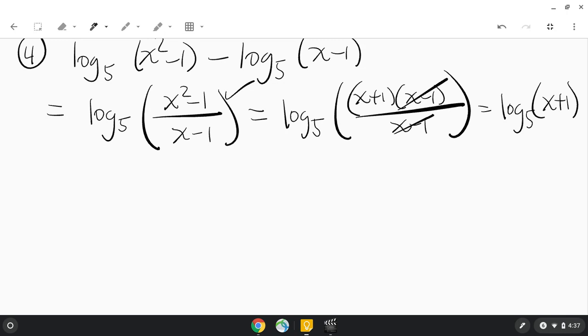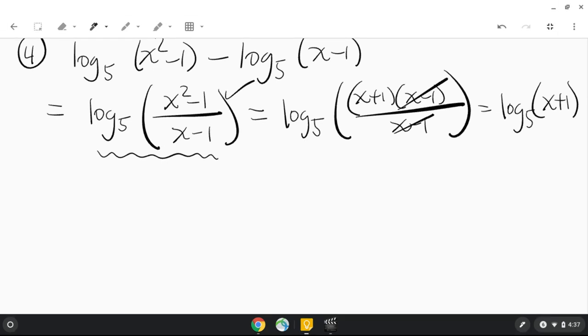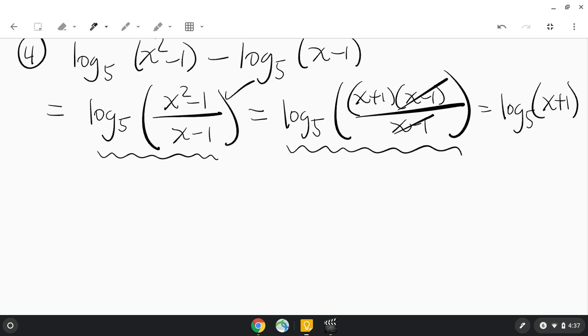So make sure you do the homework and find out what the program wants you to do. See if it'll allow you to keep your answer not simplified, x squared minus 1 over x minus 1, or if it wants you to simplify, and keep track of that so that on the day of the test, you know which way it wants you to answer.